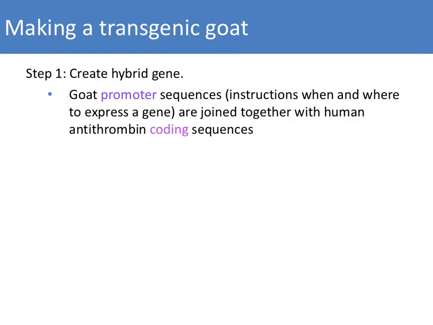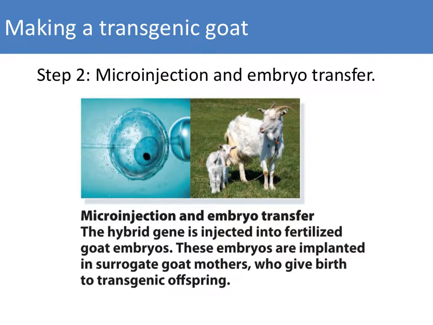So you actually have to create a hybrid gene. You take a goat promoter and attach it to the antithrombin coding sequence. You actually inject, let's see here.